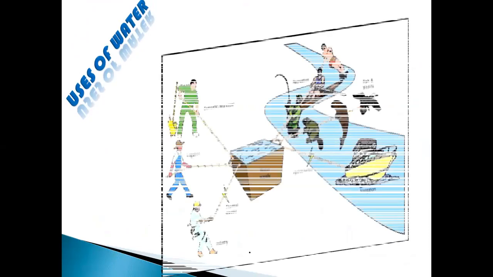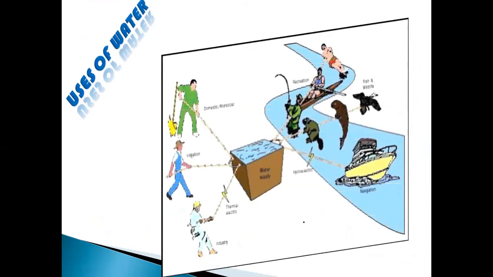Next we will see some uses of water. We almost all know about the uses of water: water is used for domestic purposes and irrigation, like farmers use it in the fields, as well as in industries for making thermal electric energy or hydroelectric energy.